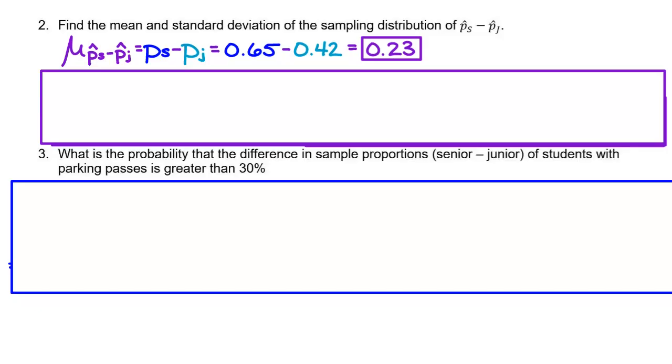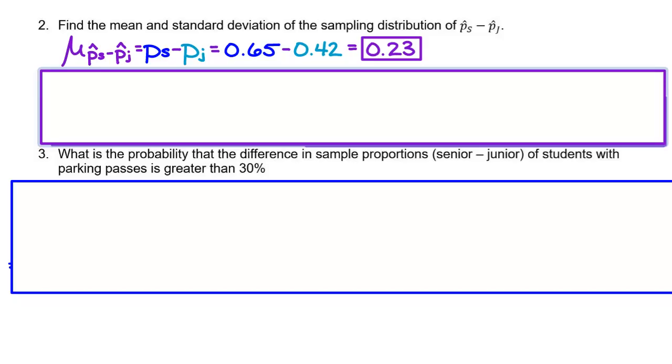And before we can find the standard deviation, what do we have to pause and do? Have to check 10%. This is why they gave you the total number in the class for seniors and for juniors. We use the 30 as our sample for n times p, but we need the entire population so that we can check our 10% condition. What's the maximum number of seniors we could sample?